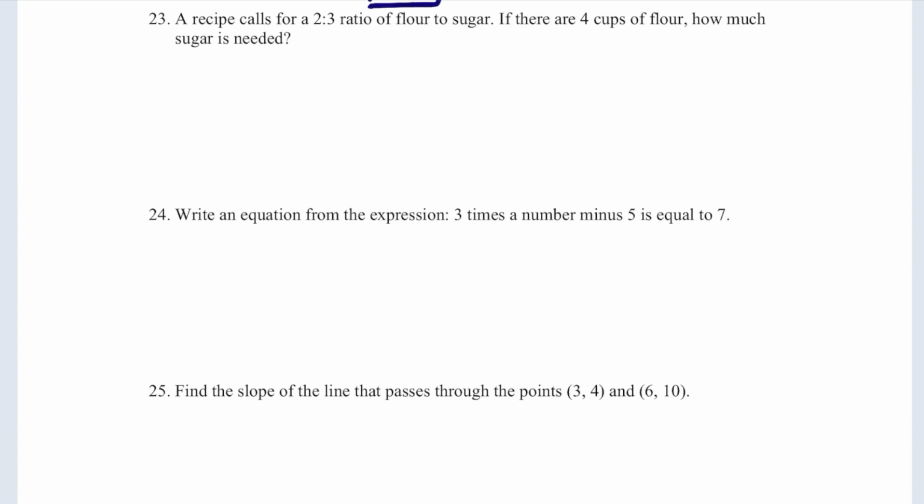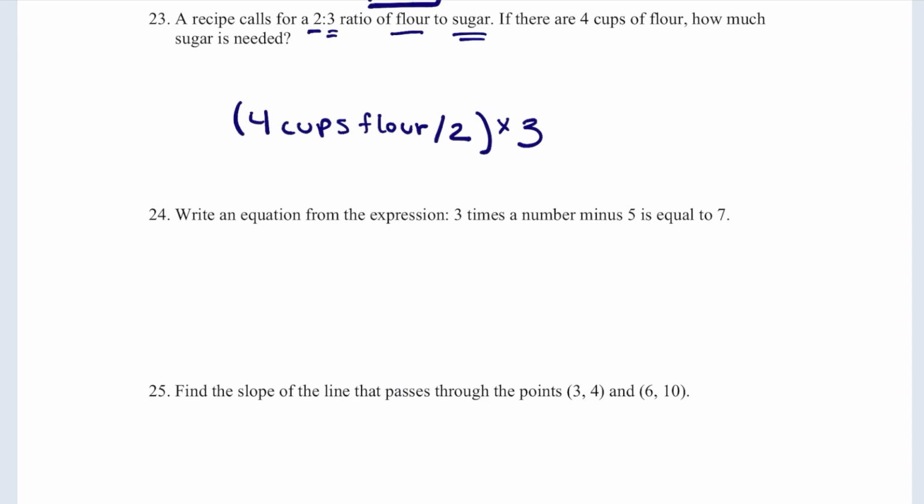So a recipe calls for a 2 to 3 ratio of flour to sugar. If there are 4 cups of flour, how much sugar is needed? So what we're going to do is take 4 cups of flour and divide that by 2, because our flour is 2 and our sugar is 3. So flour 2, sugar 3. And then we are going to times it by 3, because our ratio is 2 to 3.